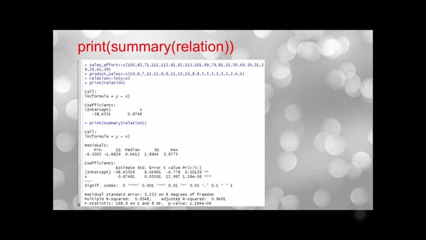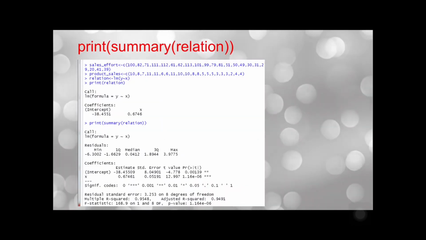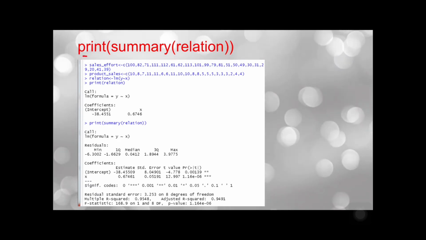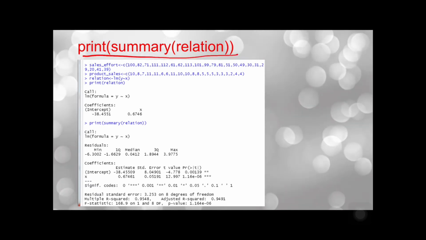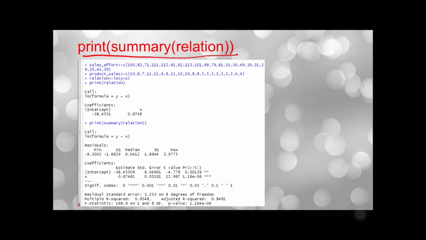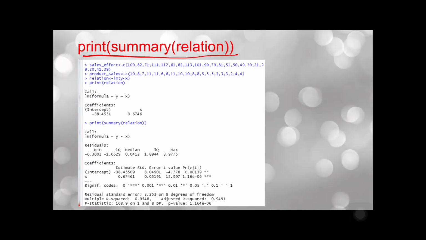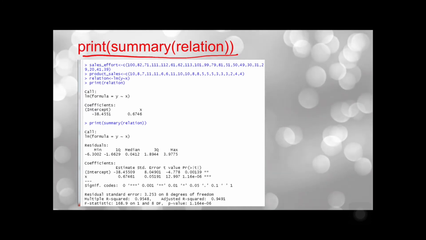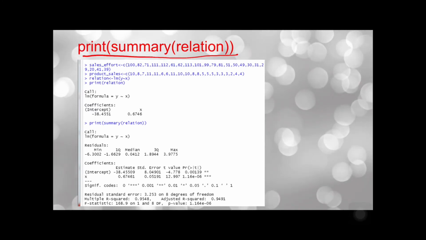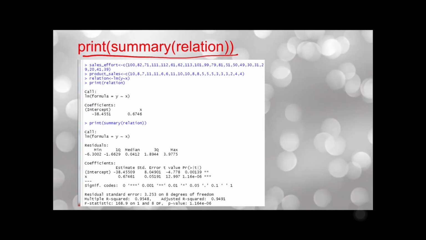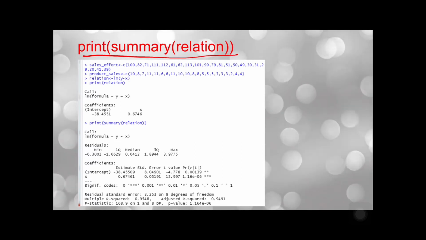The next important command is print(summary(relation)), that is the name of the model. When we execute this command, we get the value of residuals. The residuals actually depict the difference between the actual value of the response variable and the value of the response variable predicted using the regression equation.